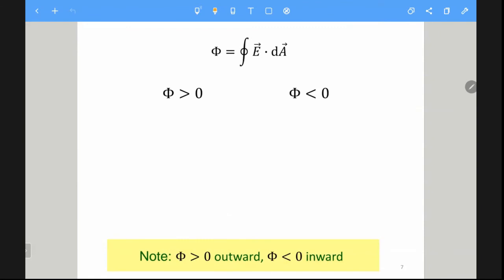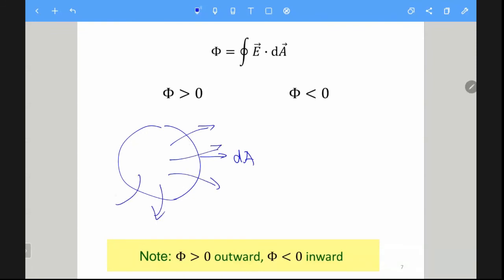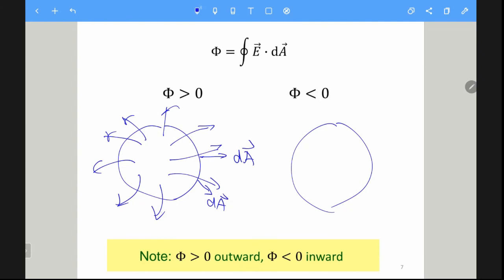It is something like, if you have a surface and this is dA, and it is going outward, then this is positive. For this point, dA is something like that, still pointing outward.